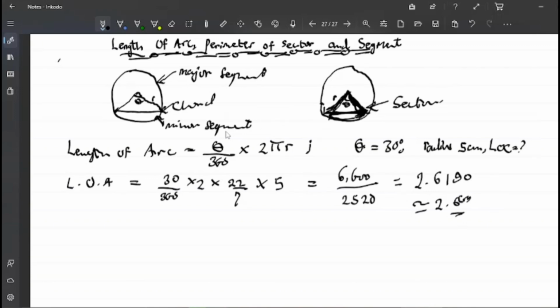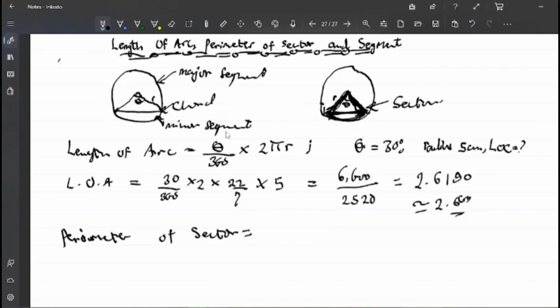All right. What if we are to calculate the perimeter of the sector? So I would like to ask, what is perimeter? Perimeter is the distance round an object.